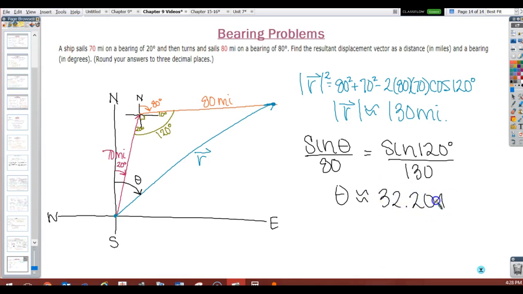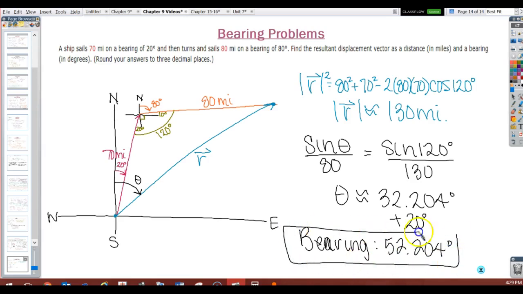Again, that's this angle right here, but we're looking for the entire angle, so we're going to have to add 20 degrees to our answer. And so our bearing for our resultant vector will end up being 52.204 degrees. Now we have all the information that we need for this resultant vector r.